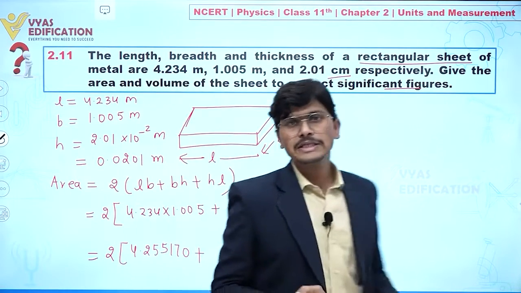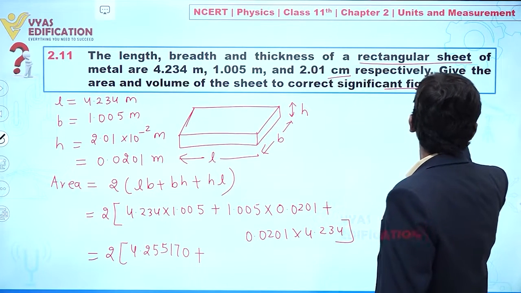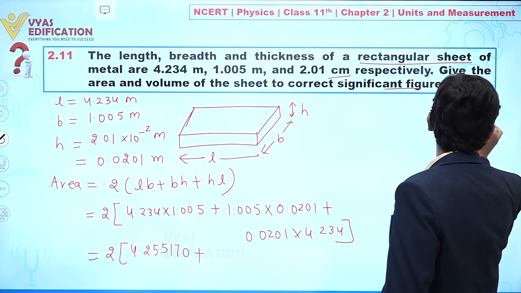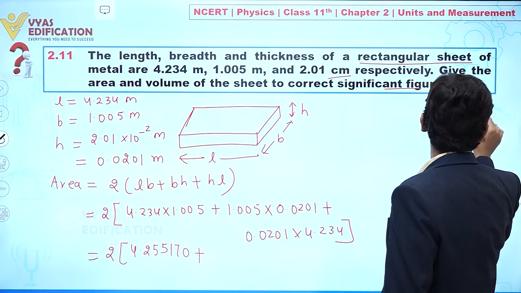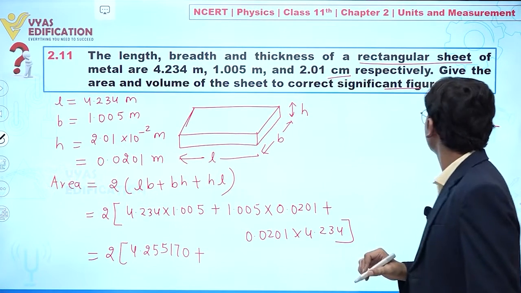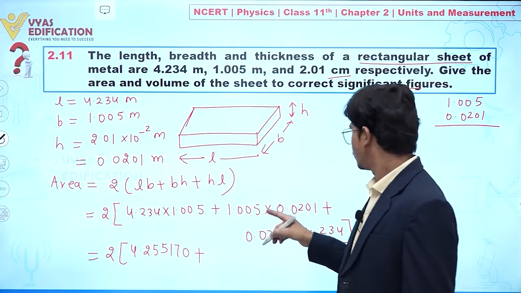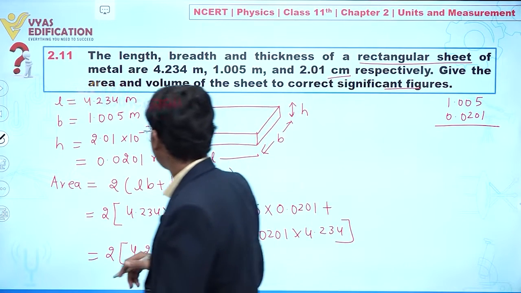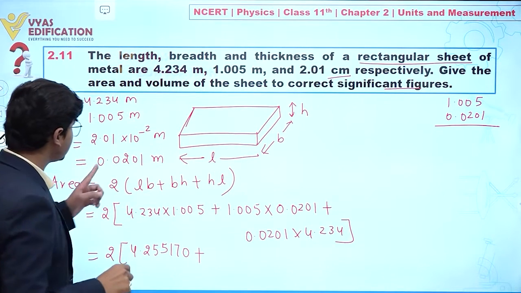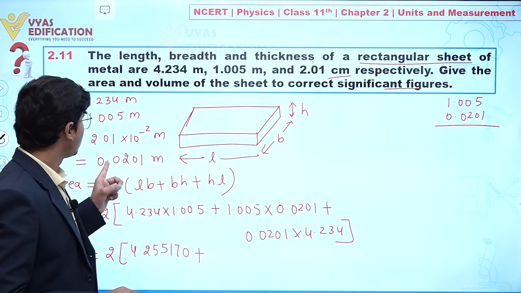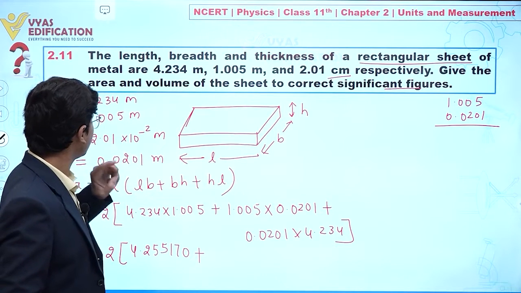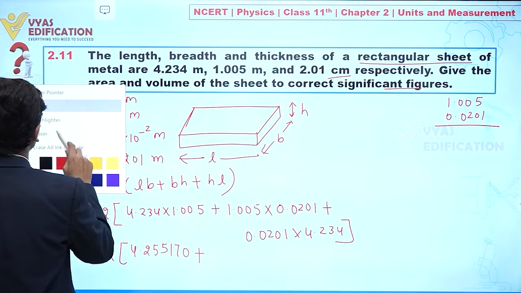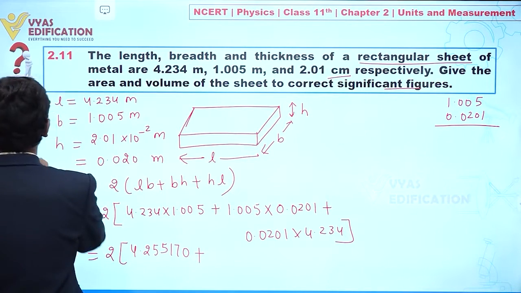Now from here you can see if we multiply 1.005 with 0.0201, clear. Actually this is after decimal we have 1 2 3 4, here we have only 3, so we are taking only 3, clear.